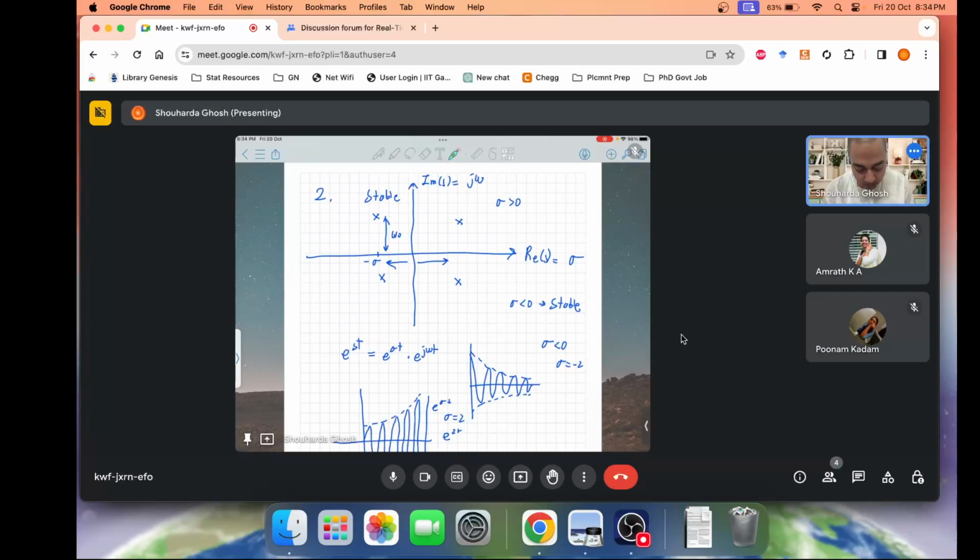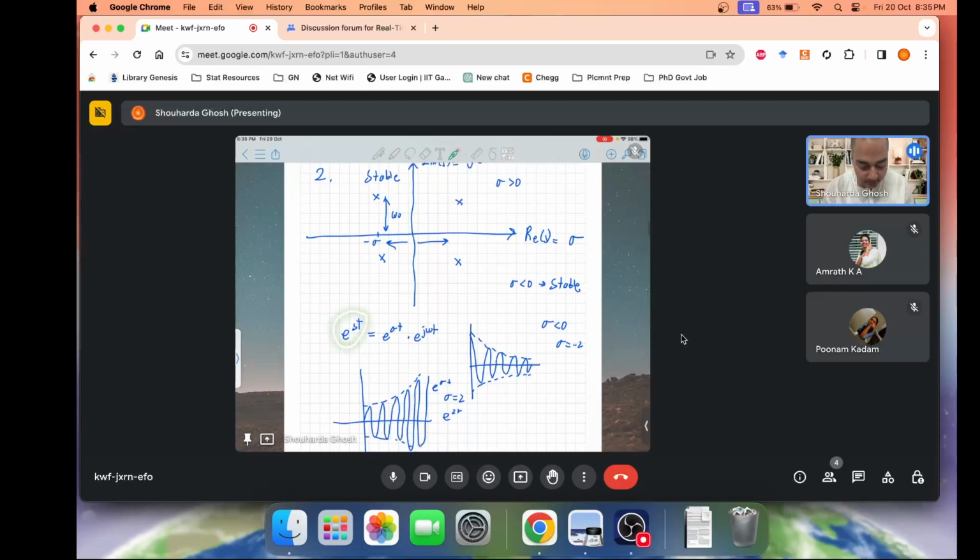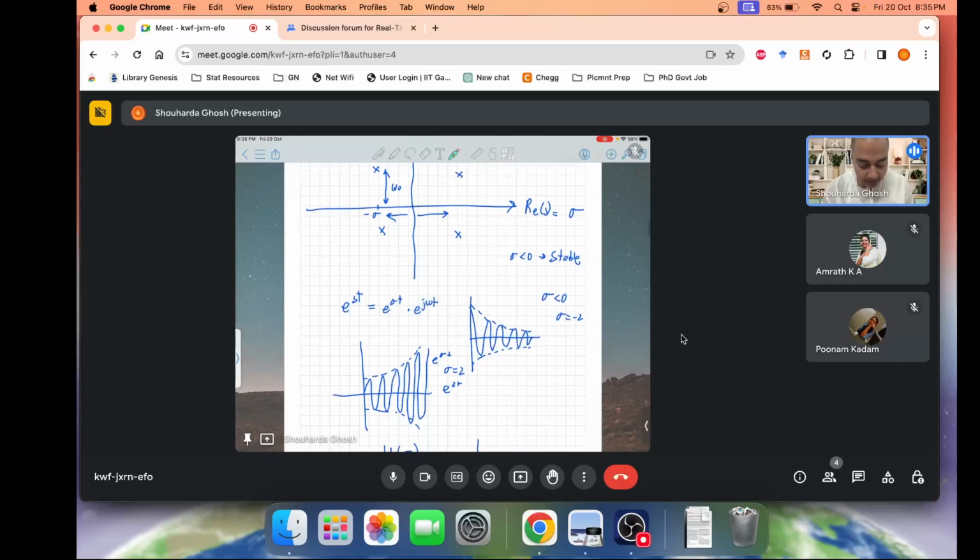If you have studied signals and systems, this will be very easy to understand. The left side of the S plane is the stable plane. You have the real part negative, and the imaginary portion denotes the frequency of oscillation. This is the damping factor or the exponential amplification factor. So in the S plane, e^{st} with s = σ + jω, so e^{σt} is your envelope.